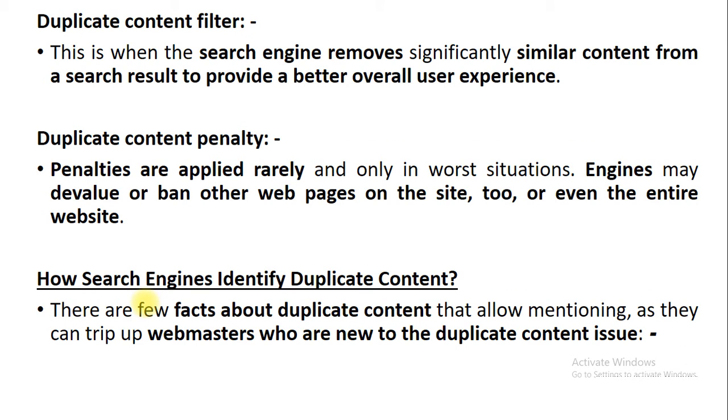Next is called duplicate content filter. Remember, when you put duplicate content on the website, and the search engine finds many pages which contain duplicate content, it will automatically remove those pages, to create a positive experience for the user.